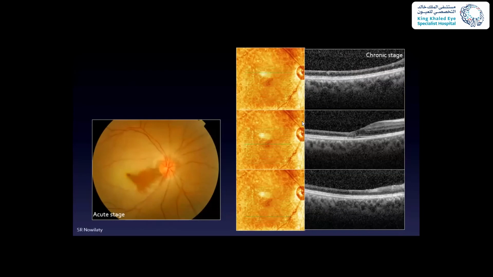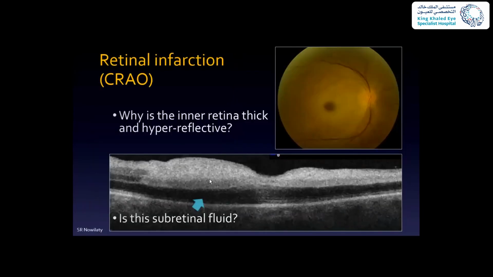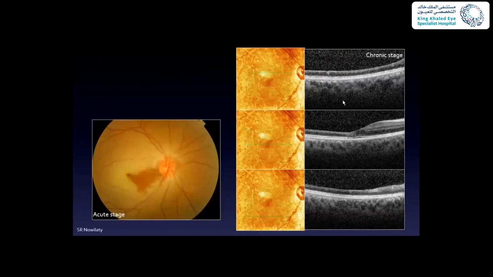Once the hyperreflectivity is gone, it's going to get replaced by an atrophy of the inner retina, such as we see here. But notice that this line was taken at this level chronically, and what do you see? The retina got atrophied in the area that was infarcted, but in the area that remained intact with proper perfusion, the retina maintained its structure.